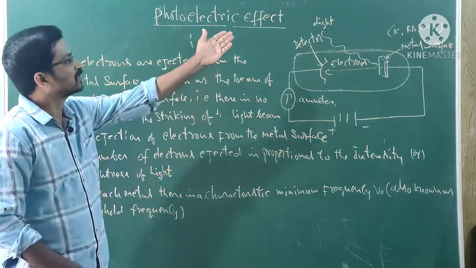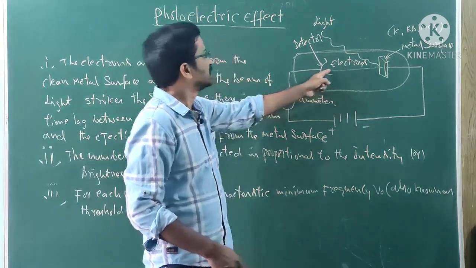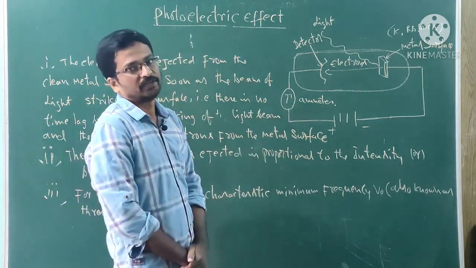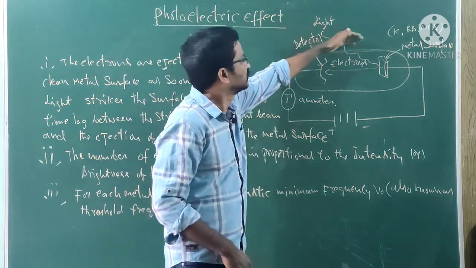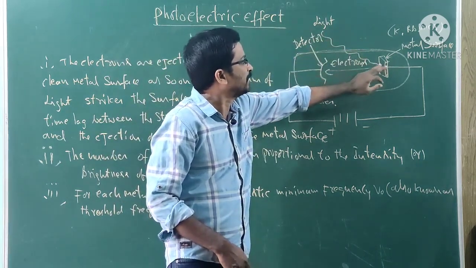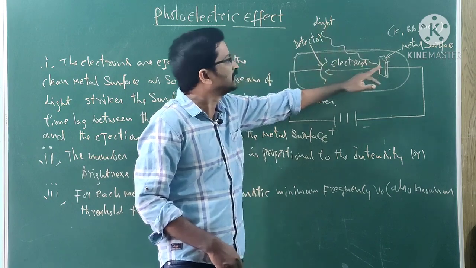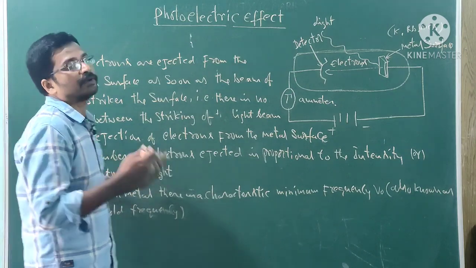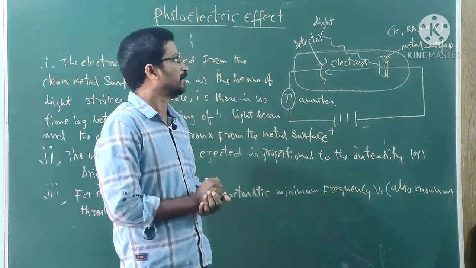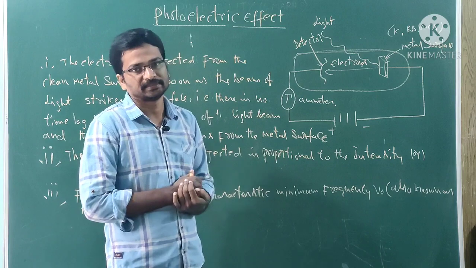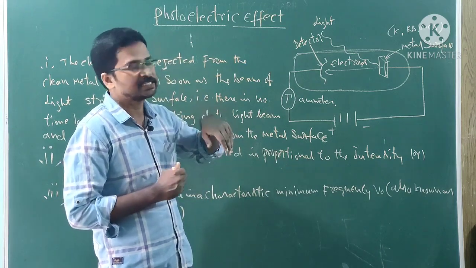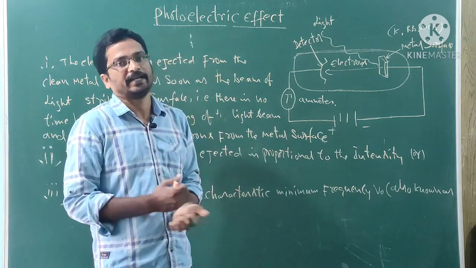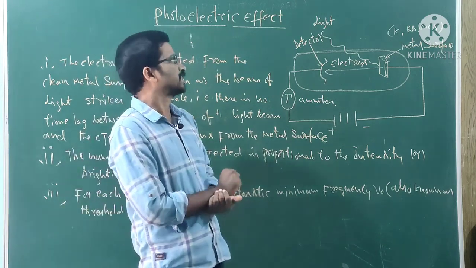If bright light is projected on the metal, it can emit more electrons compared to pale light. As brightness increases, the number of electrons ejected will be greater. This is the second point.